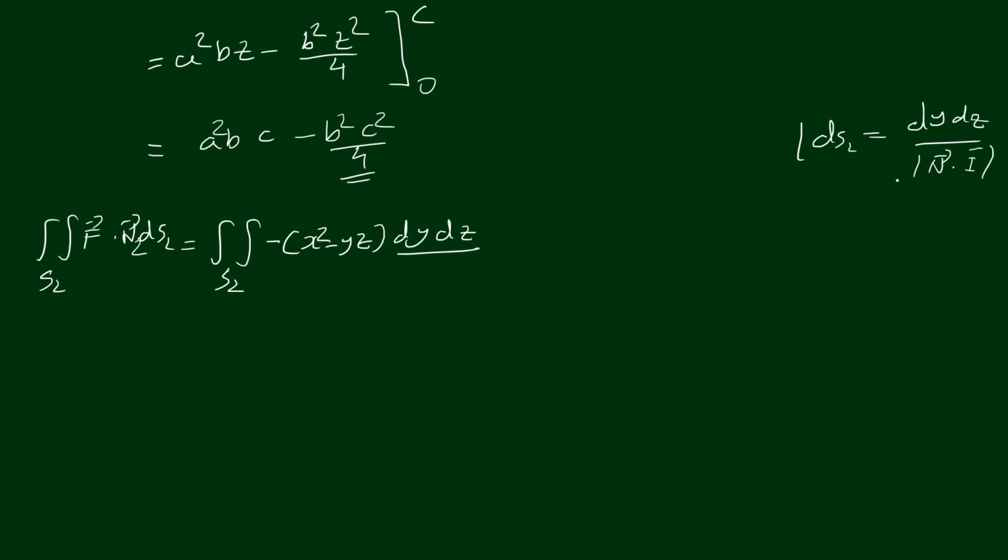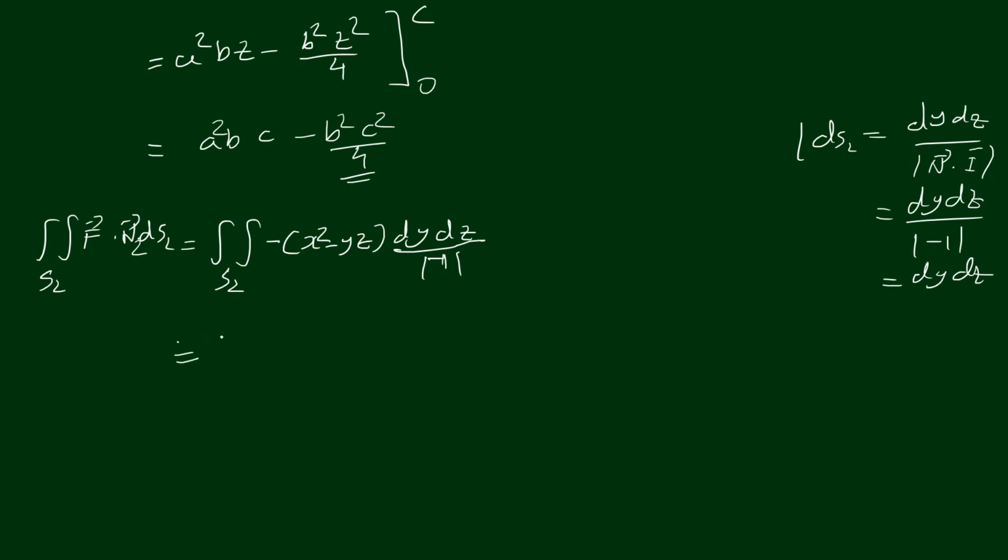So we'll get minus 1 there, but since we are taking the modulus, you'll get dy dz only. Or otherwise you can write it over the magnitude of minus 1, so that will get plus 1 only.